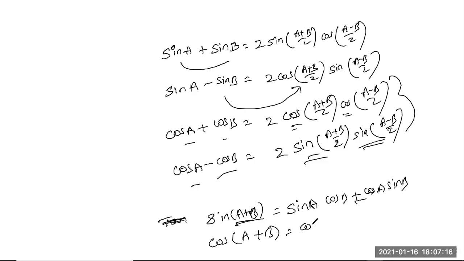Cos A cos B minus sin A sin B. Cos(A minus B) is cos A cos B plus sin A sin B.